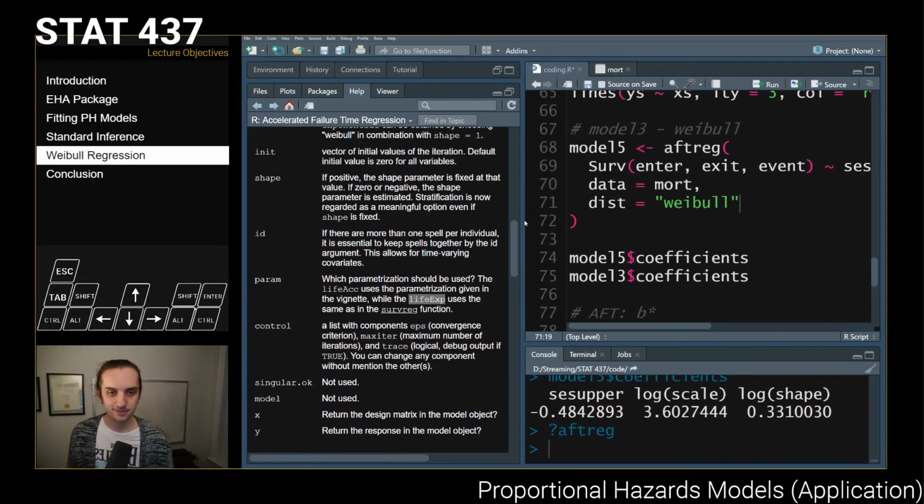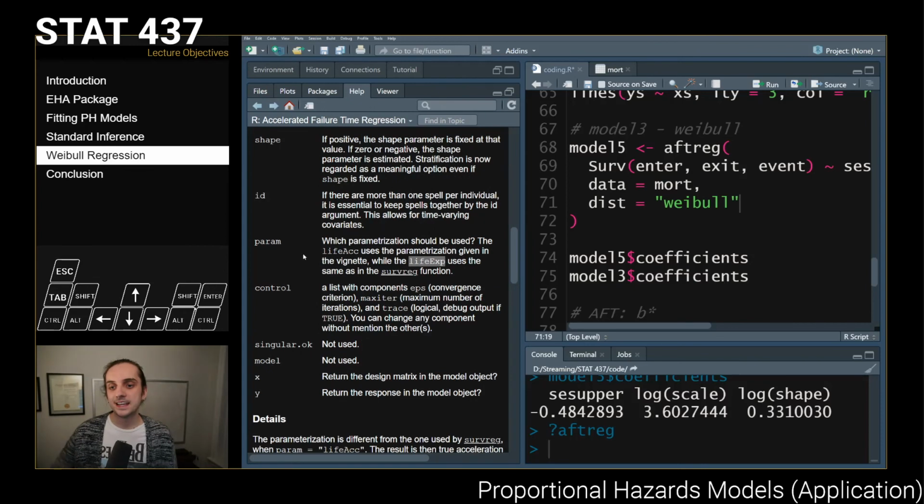The reason I wanted to bring this to your attention is that in the literature, you're going to see different ways of writing down these same models. You're going to see different ways of writing out the distributions that we're talking about, but you're also going to see people write out an accelerated failure time or a proportional hazards model quite differently, depending on the source that you're looking at.